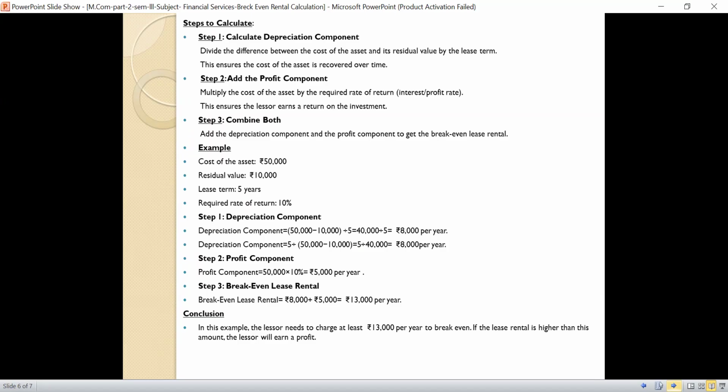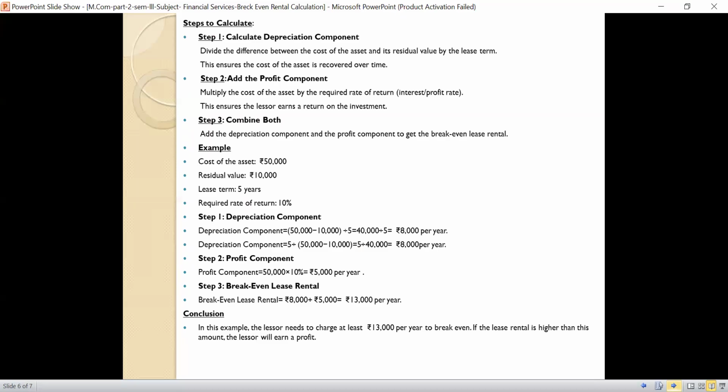Take the asset's cost, subtract its value at the end of the lease and divide the result by the lease period. This makes sure the cost of the assets is evenly recovered over the lease term.